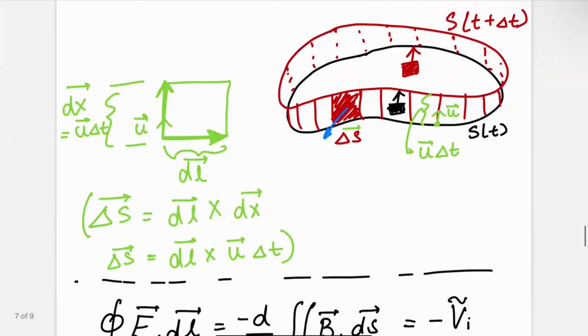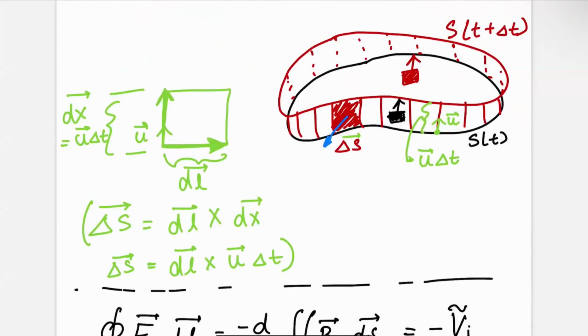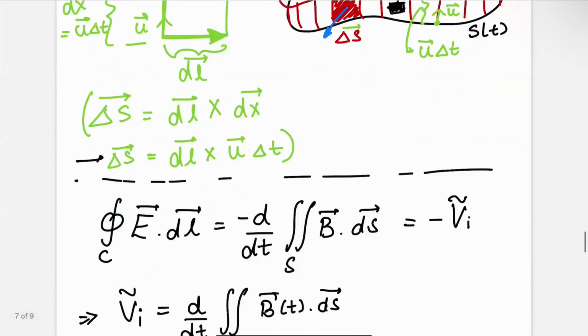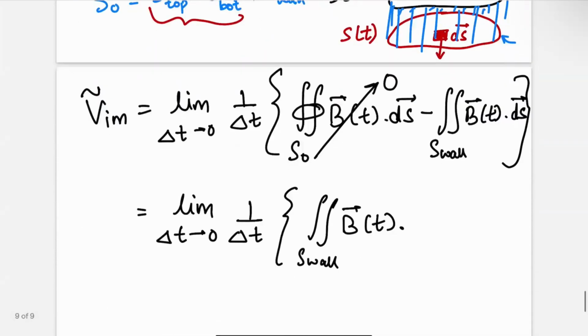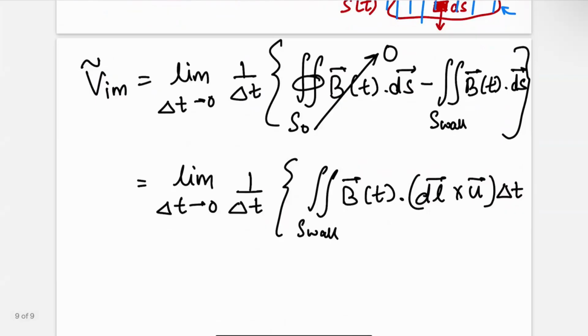When we set up the geometry, we said dS is dl cross u delta t, right? dl cross u times delta t. And that delta t should make you very happy because you can move it out now, right? You bring it out, and you can cancel it. Because once again, delta t is a constant with respect to this wall integral.